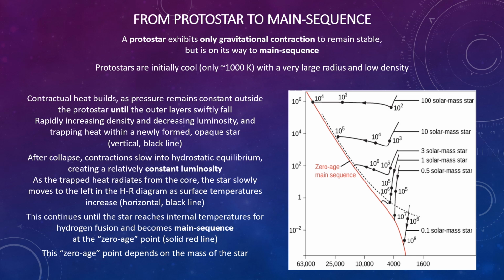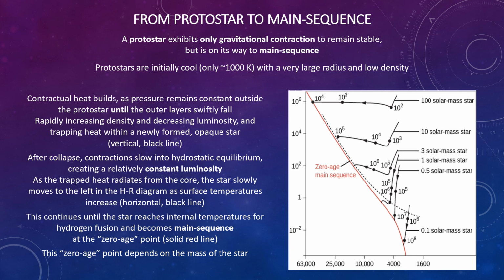As they contract, the heat builds, and so the pressure remains constant outside until the outer layers swiftly fall down, and this rapidly increases the density and decreases the luminosity of the young protostar, which traps in heat.